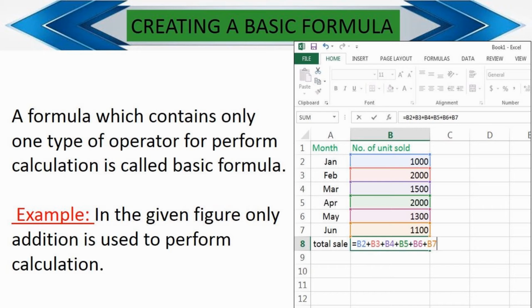In the given figure, in the cell address B8, I have written =B2+B3+B4+B5+B6+B7. B2 to B7 are the cell addresses, and I have used the addition operator, meaning a single operator is used here. So this formula is known as a basic formula.